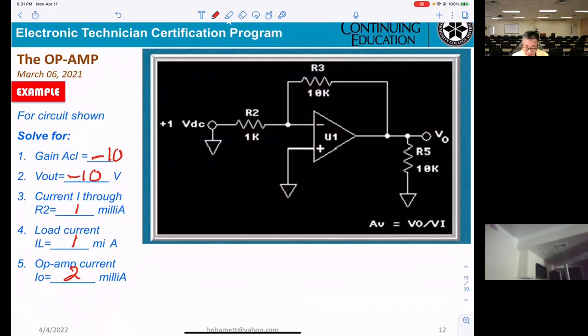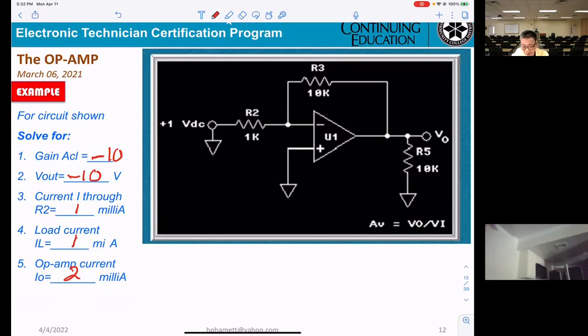You get an op-amp and they want the gain, you get minus R3 over R2. You get minus 10. To get Vout, you take the 1 volt DC times the gain. If you want to calculate the current I, you take the 1 volt divided by R2, 1K.